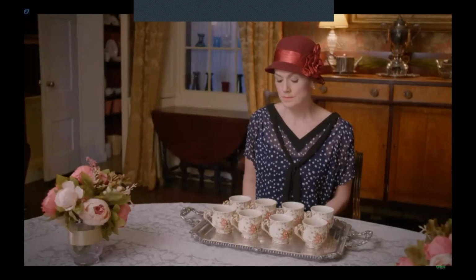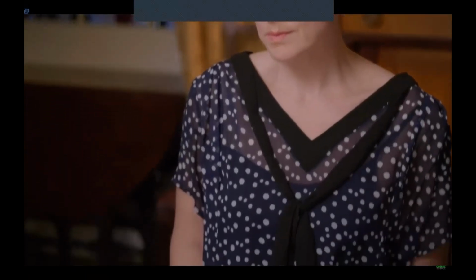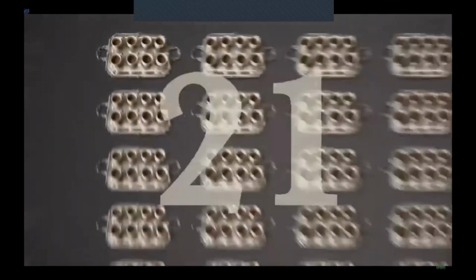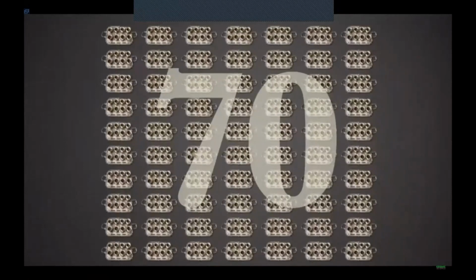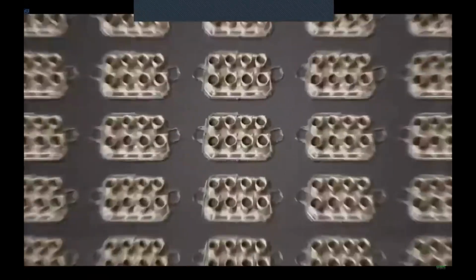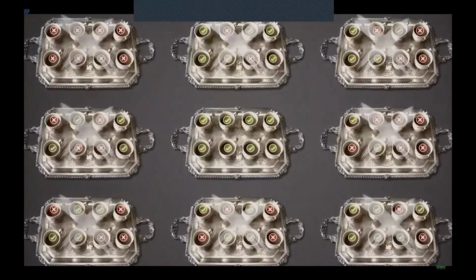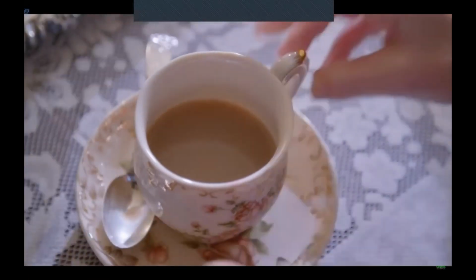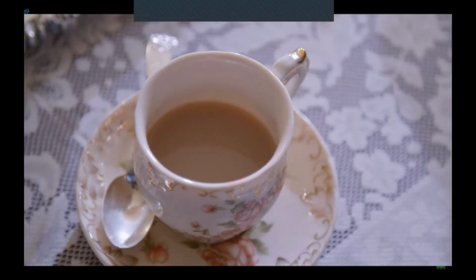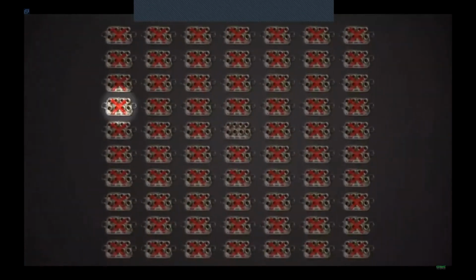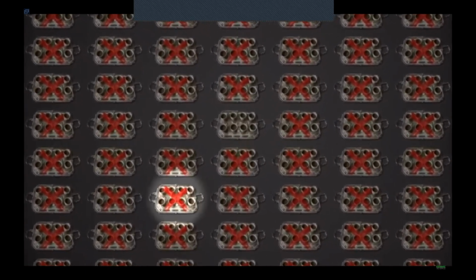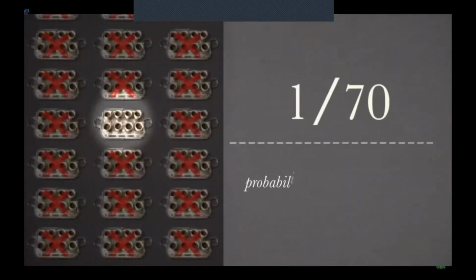The lady then had to separate them back into the 2 groups. Why 8? Because that produced 70 possible combinations of the cups, but only 1 with them separated correctly. If she got it right, that wouldn't prove she had a special ability. But Fisher could conclude, if she was just guessing, it was an extremely unlikely result, a probability of just 1.4%.